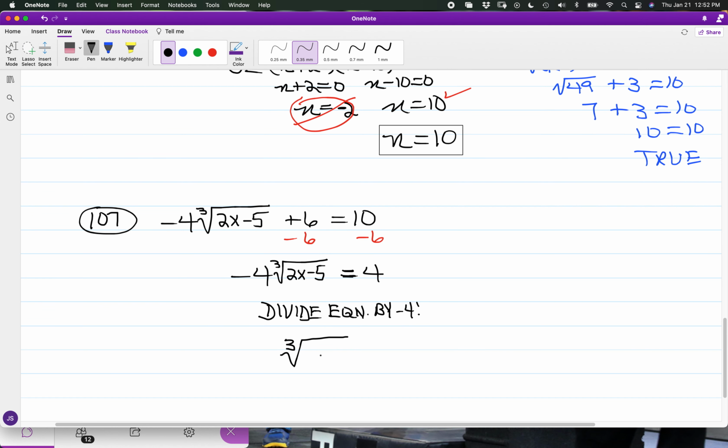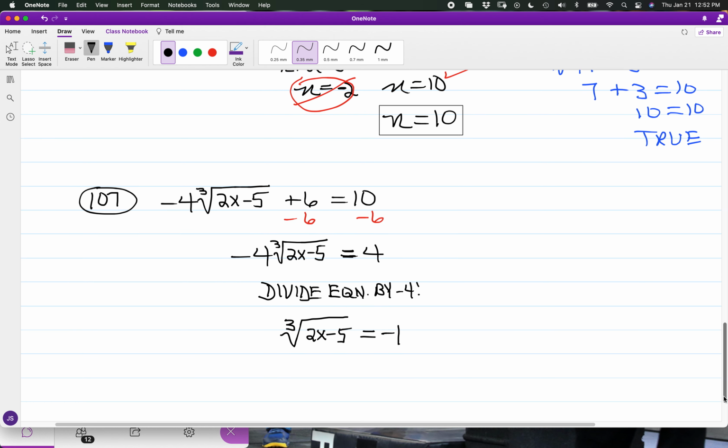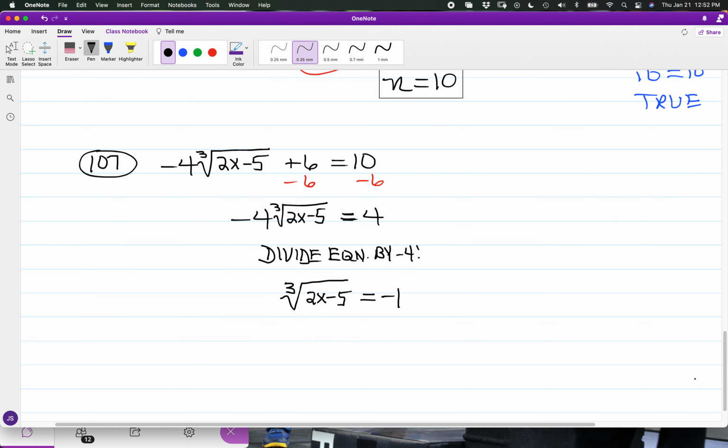So this is going to lead to the cubic root of 2x minus 5 is equal to 4 divided by negative 4, which is negative 1. Again, an even root radical expression cannot reduce to a negative constant, but an odd root radical expression can. And so we can continue and determine what we have for x.